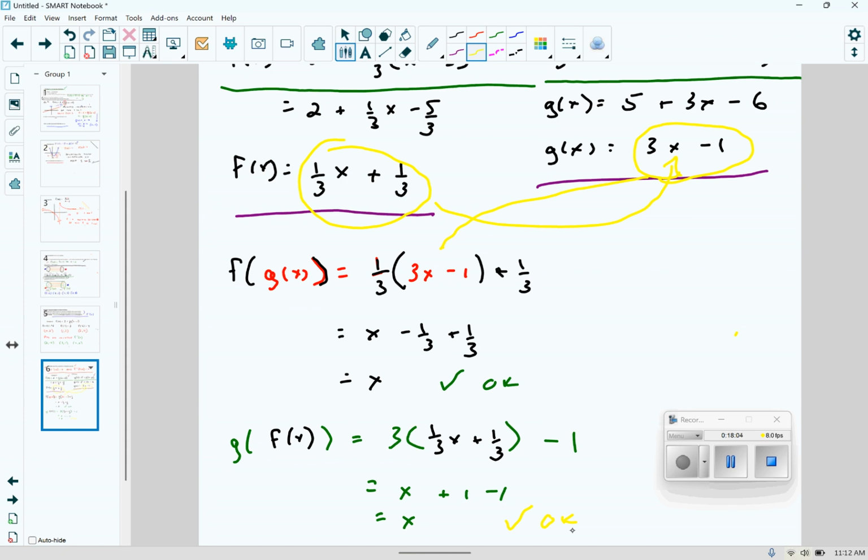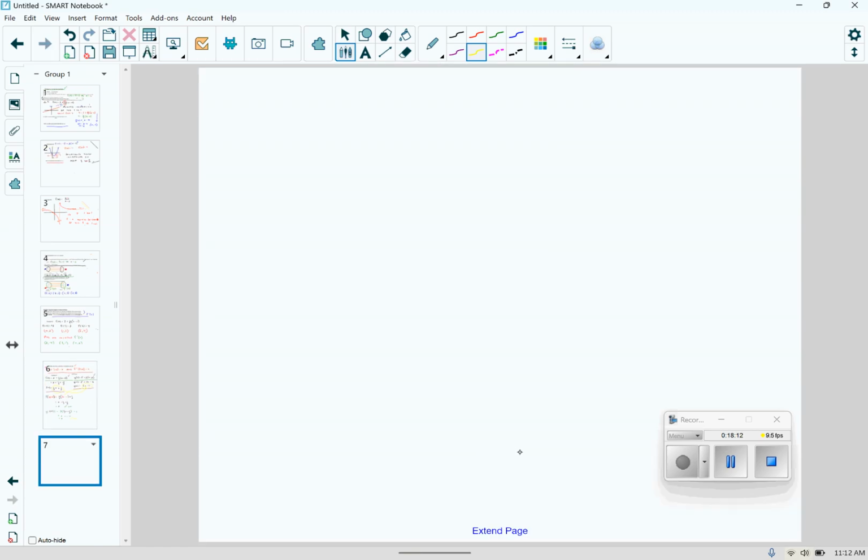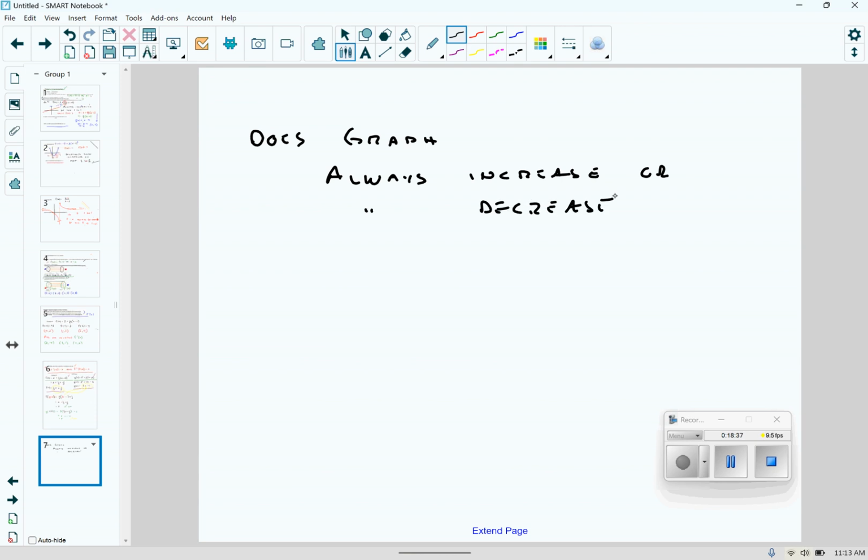Does the graph always increase or always decrease? If so, f inverse exists.